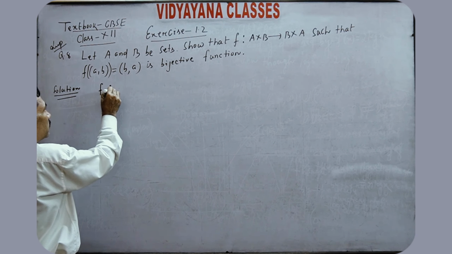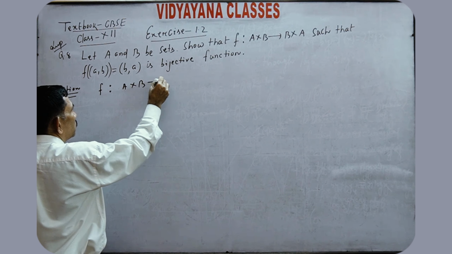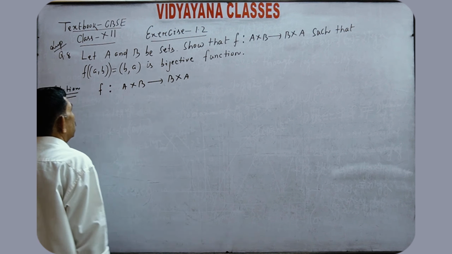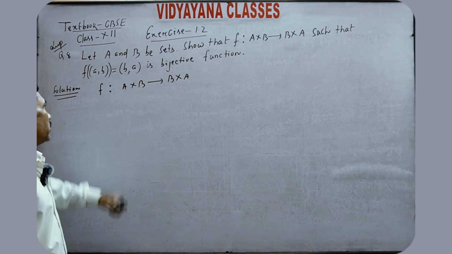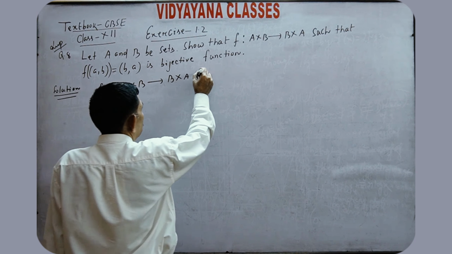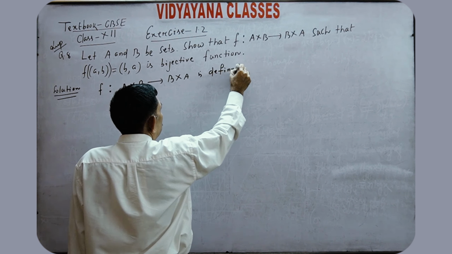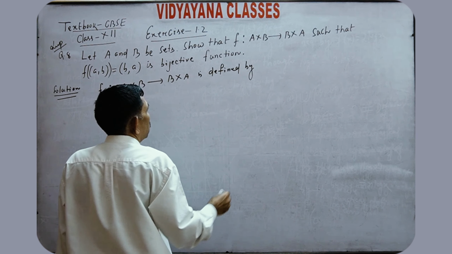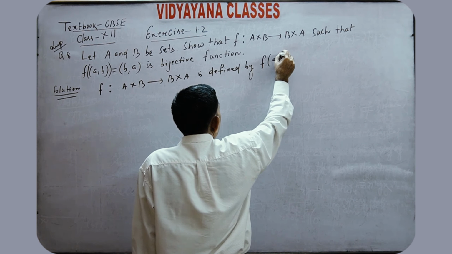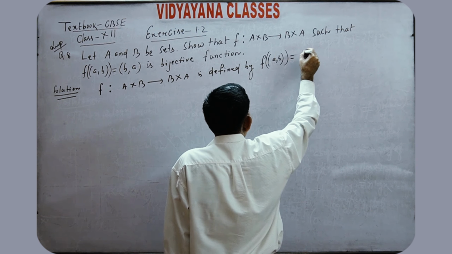The function f from A cross B to B cross A is defined by f of (a, b) equal to (b, a).